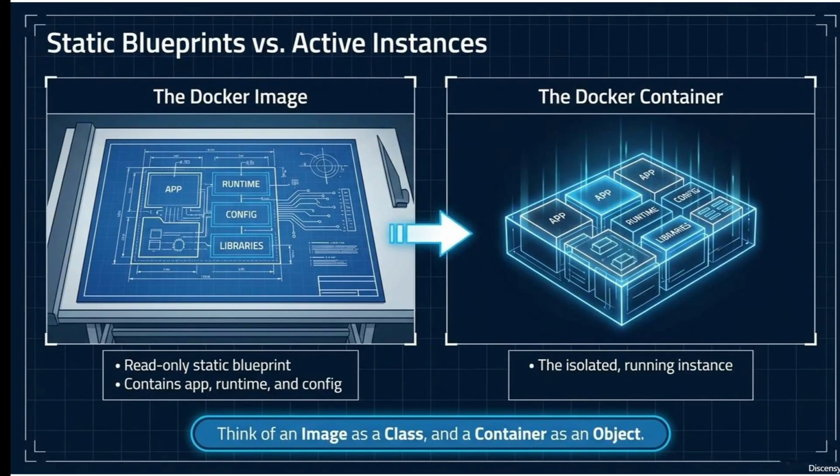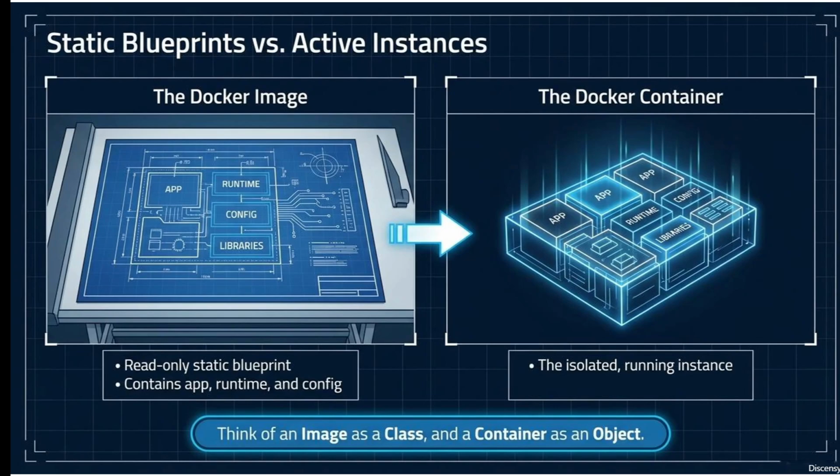Static blueprints versus active instances. So as we have mentioned before, the Docker image is a blueprint, like a snapshot of the core components, like the application code, runtime, configs, and the libraries. So it's an instance where it is completely static.